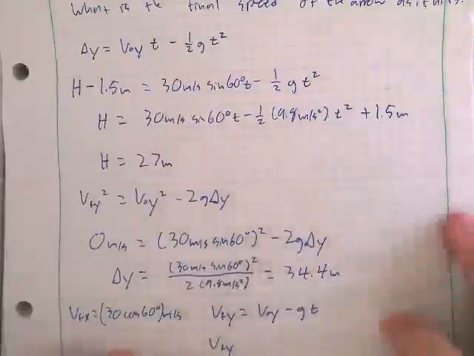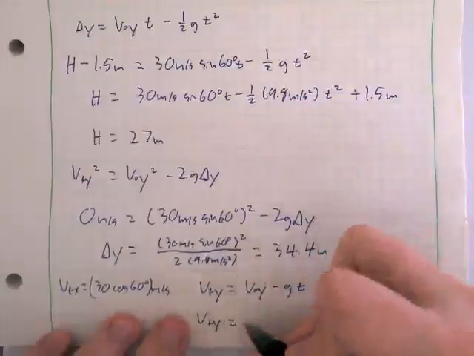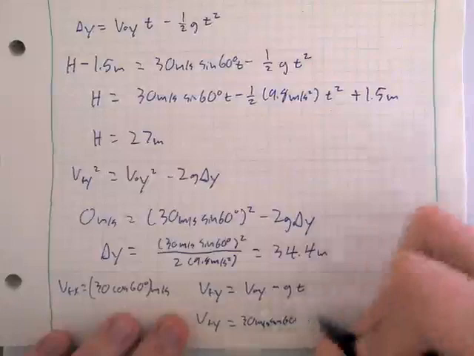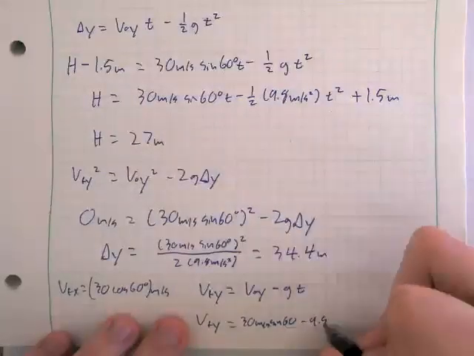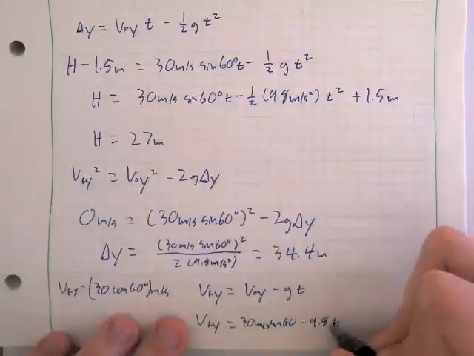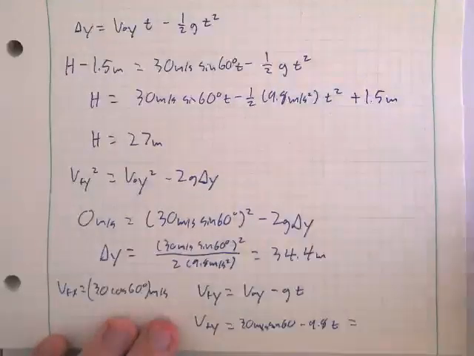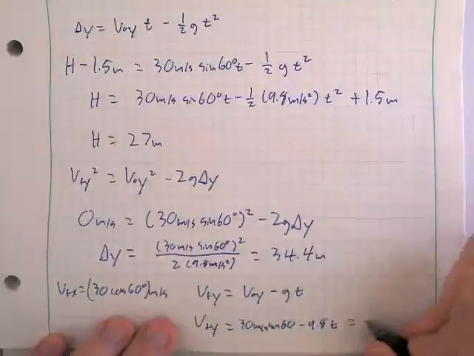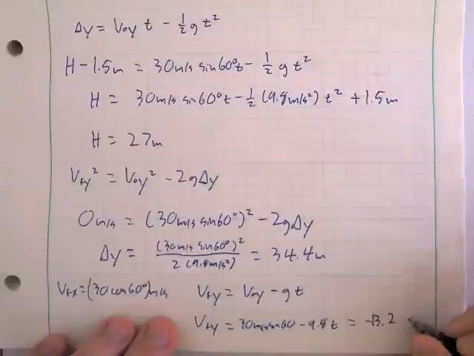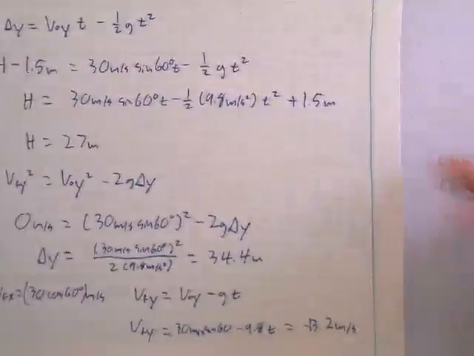Running out of room. We'll be okay. V final y equals 30 meters per second times the sine of 60 minus 9.8 times t. This is still 9.8 meters per second squared. This t is still 4 seconds. We get a final velocity in the y direction of negative 13.2 meters per second. I'm going to actually go up to work to finish this problem out.